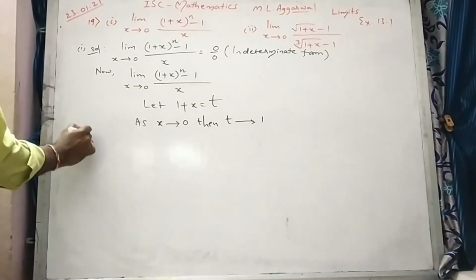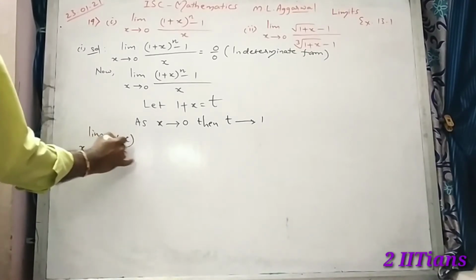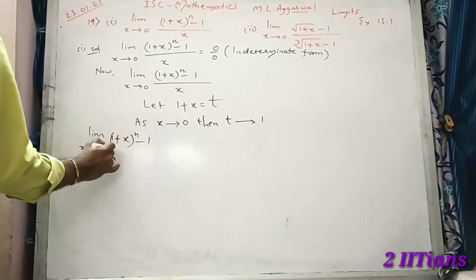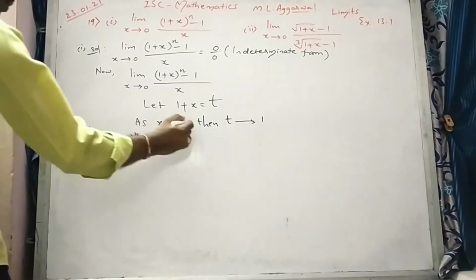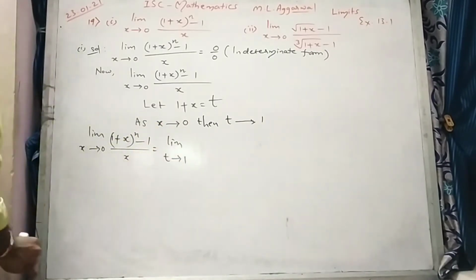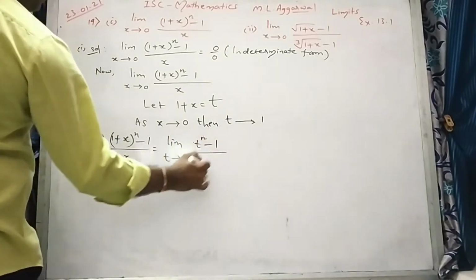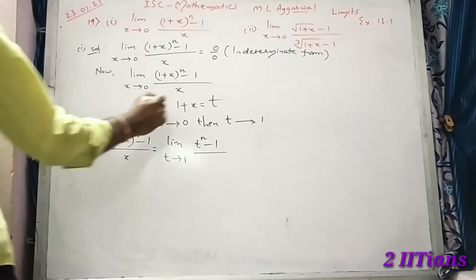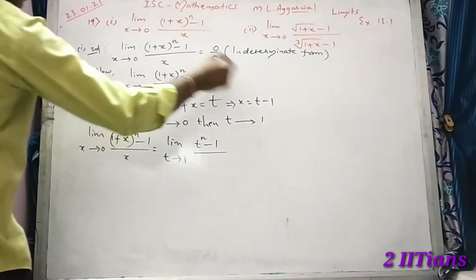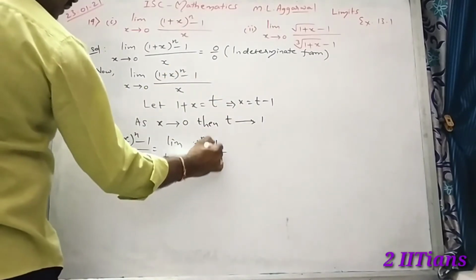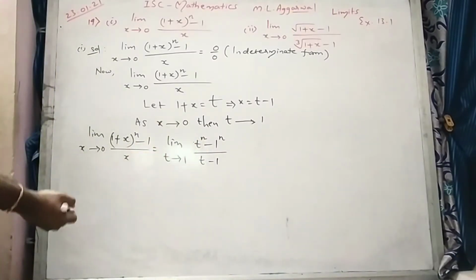So, the given limit becomes like this now. Limit x tends to 0, (1 plus x) whole to the power n minus 1 upon x equal to, I am changing now, x tends to 0 means t tends to how much? 1. I am taking here t power n minus 1 upon, in the place of x what will you get? t minus 1, plus 1 shifted to that side. 1 power n also no problem, 1 power n means 1 only.